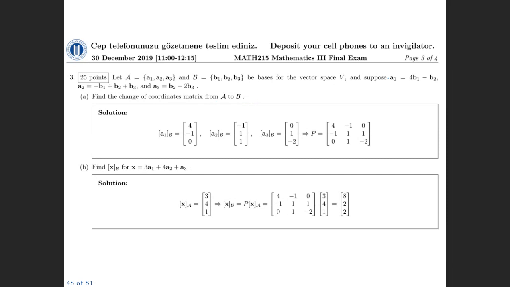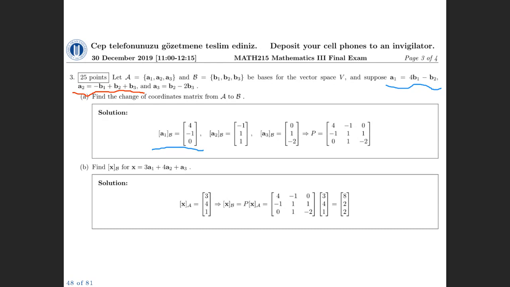Now, let's look at the first relation that we're given. We're told that A1 is 4B1 minus B2. So in other words, straight away we know that the coordinates for A1 relative to the basis B are 4, minus 1, 0. And then we're also told that A2 is minus B1 plus B2 plus B3.